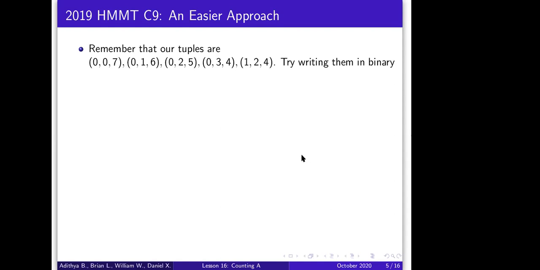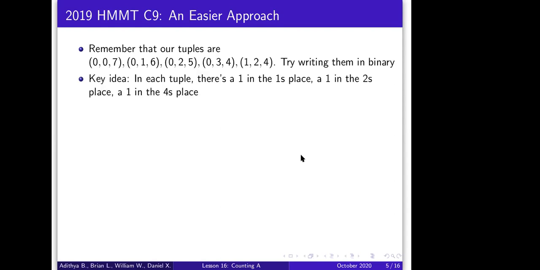Well, when we write any of these triples in binary, you'll notice that in each triple, there's a total of 3 ones when we write it in binary. One of these ones lies in the ones place, one of them lies in the twos place, and one of them lies in the fours place.